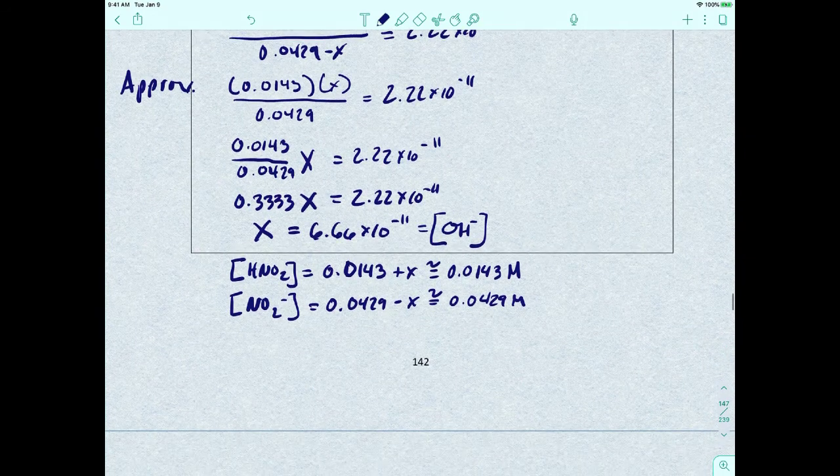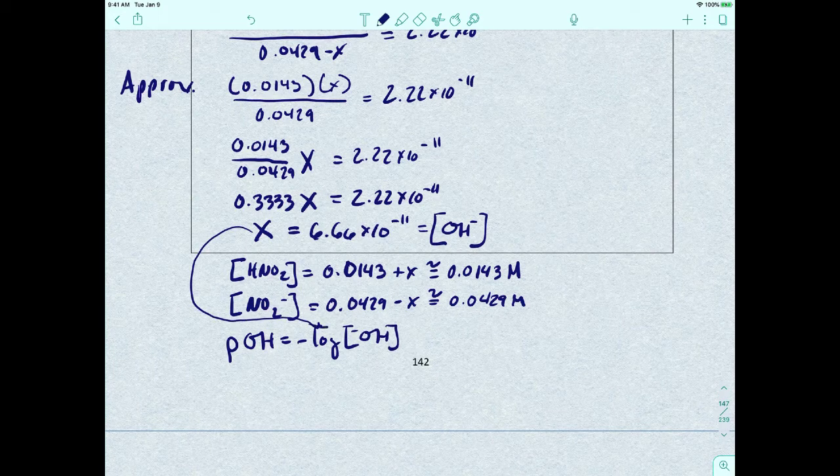All right, and finally, to solve for the pH, we know the concentration of hydroxide ion. So if we take the negative log of the concentration of hydroxide ion, take our X value and pop it into the pOH equation, the pOH comes out to be, let me type that in real quick, negative log of 6.66 times 10 to the minus 11th.